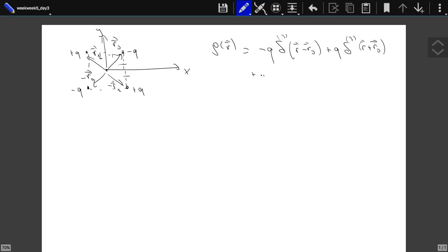Plus Q, Dirac delta, r minus R1. Minus Q, Dirac delta, r plus R1. Do you all agree that this is our charge density?